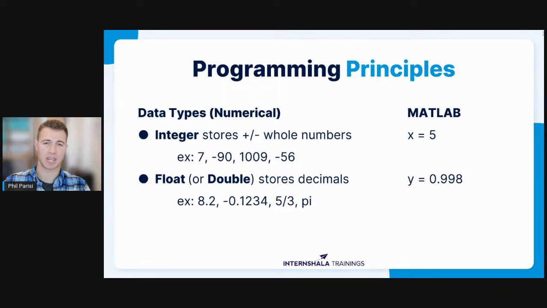Matlab takes care of assigning the specific data type needed. However, in other programming languages like C++, you need to specify the data type that you're assigning a variable. Again, in Matlab, it takes care of this for us. We don't have to worry about whether it's an int or a double. But for example, in C++, you need to include the data type when you declare the variable.